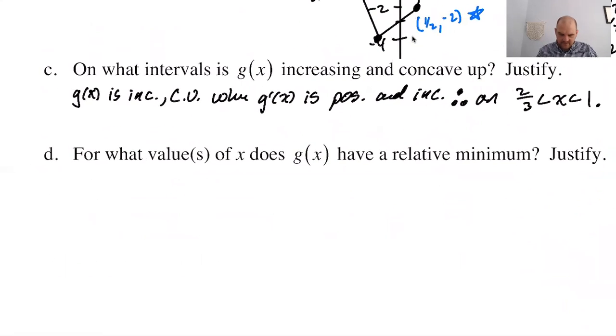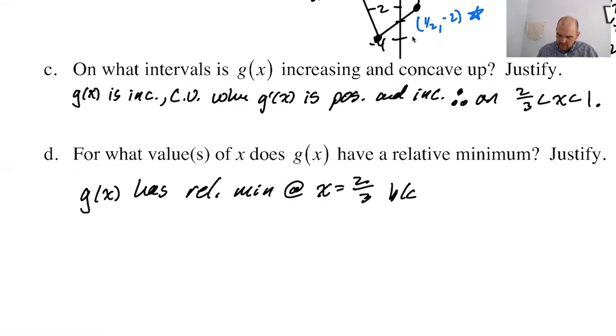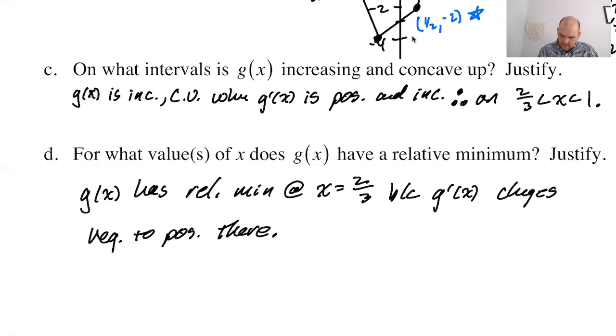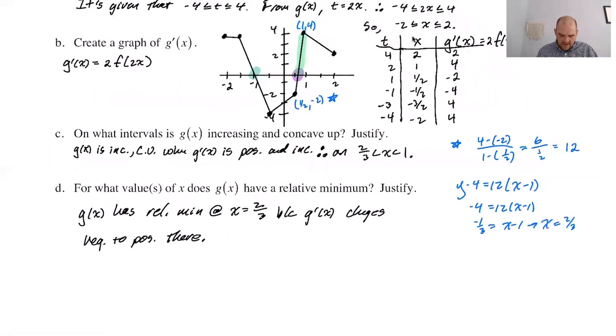So I'm going to say g of x has a relative minimum at x equals 2/3 because g prime of x changes negative to positive there. And that's my justification. All I need to do is say the x-coordinate, and say that the derivative changes from negative to positive, because that's what gives you a relative minimum.